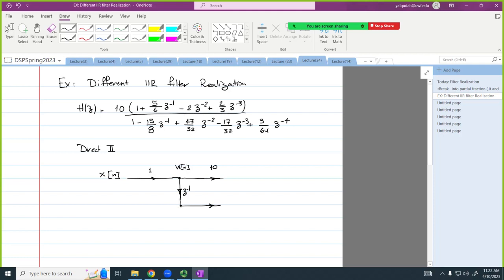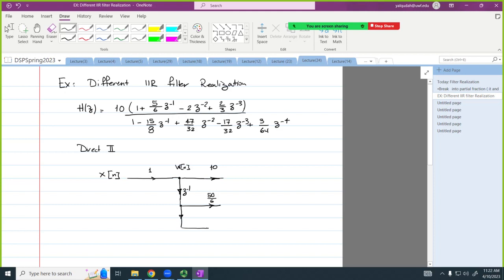What should go in here? 50 over 6. It's the numerator. 50 over 6. And then we're going to have another delay.